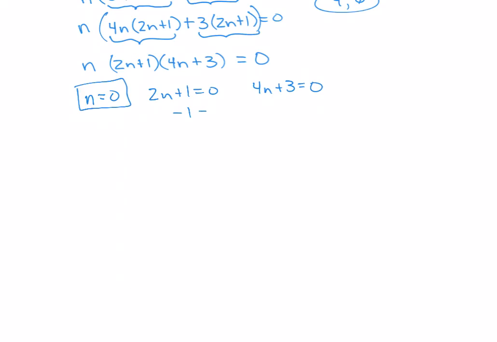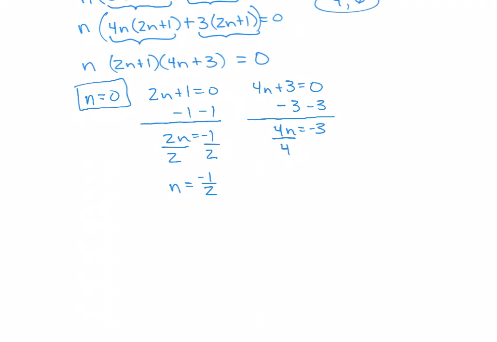All right, if we solve, first one we want to subtract 1. Divide by 2. And we get n equals negative 1/2. All right, last factor, if we subtract 3 from both sides, we get 4n equals -3.